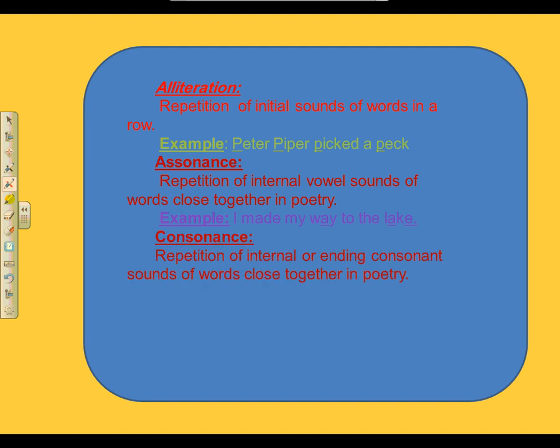Then we have consonance, which means the repetition of the consonant in the middle of the words. Example, locket and thick. Here the CK, which are consonants, are similar, and that's why we call it consonance, which means the same consonants are similar.